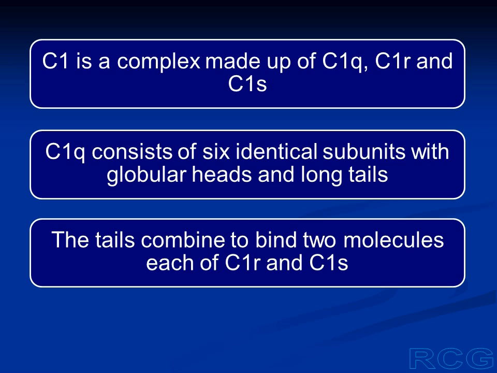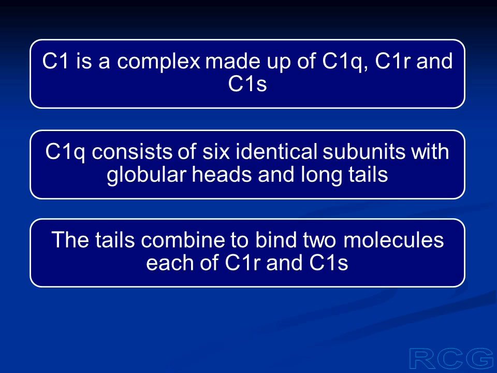C1Q, which is one of the subcomponents of C1, is made up of 6 identical subunits having globular heads and long linear tails. And these tails of C1Q bind to 2 molecules of C1R and 2 molecules of C1S.